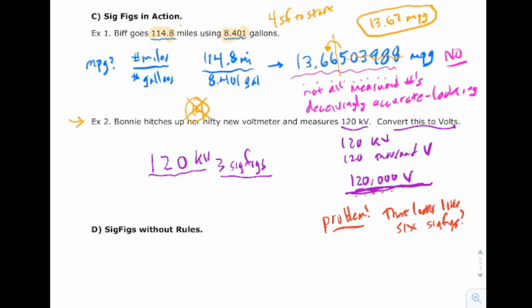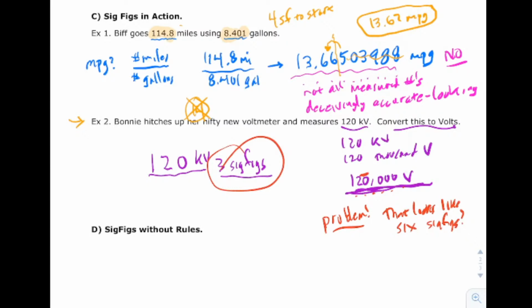But it's not. It's supposed to be 3. So when you write down the 120,000 volts, how do you communicate to somebody that this is only 3 sig figs? I saw this book once that said you put a bar over that 0 to say that's the last of the significant zeros. And so that says, yeah, that's 3 sig figs.